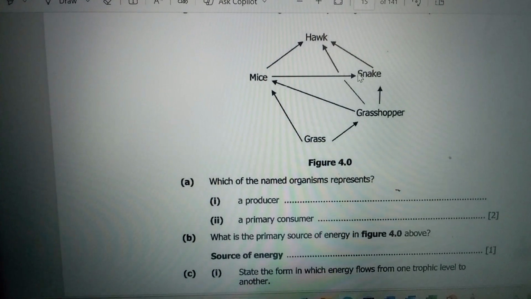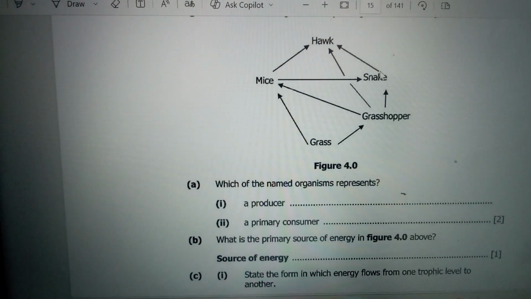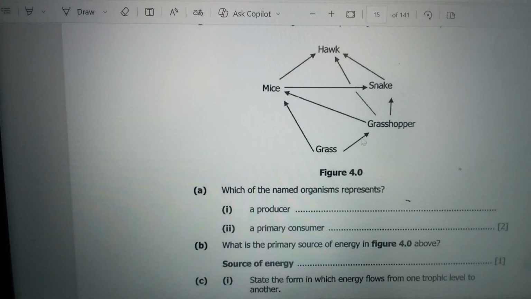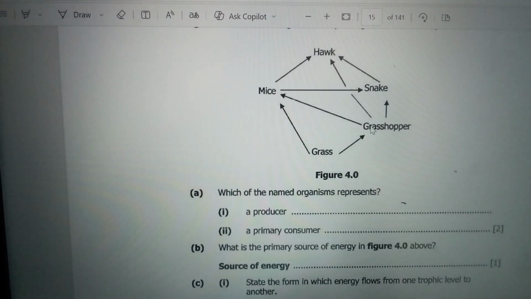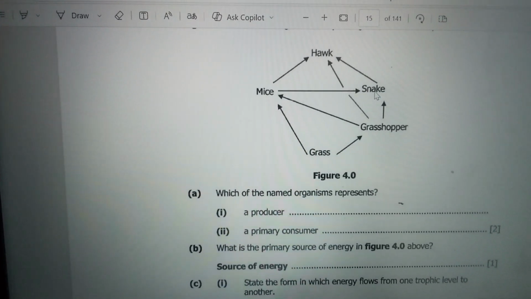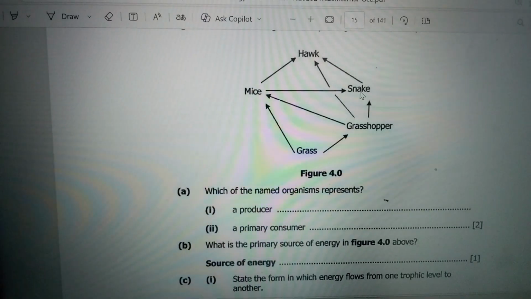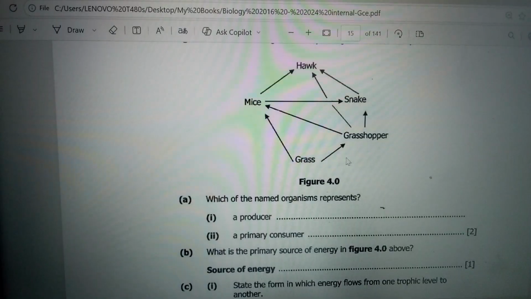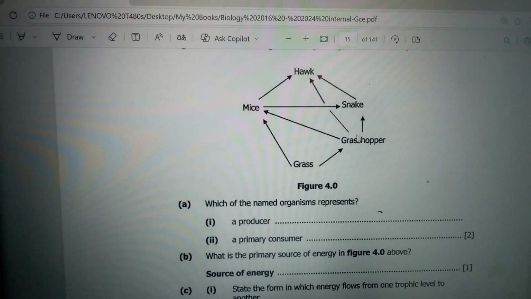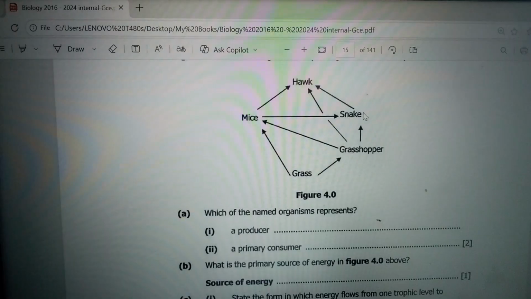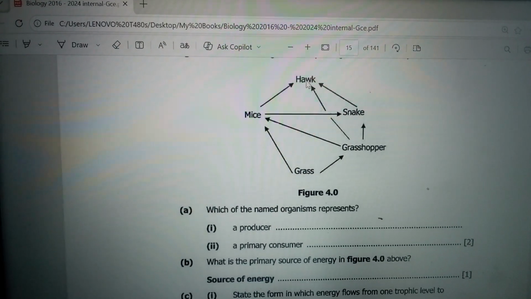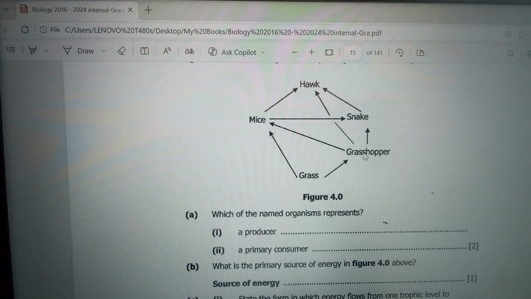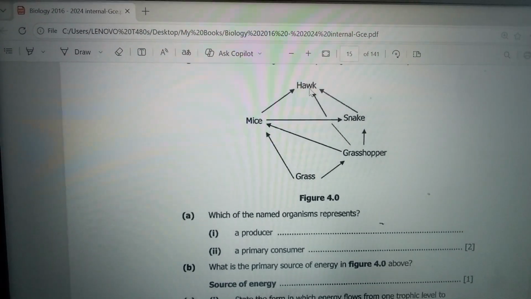So we have one which is the snake. If you start from here also, grasshopper, which is the primary consumer, that one will be the secondary. So snake qualified to be one of the organisms. Now again we move. This is the primary consumer, secondary consumer, tertiary consumer. Again we move. This is the primary consumer, that one secondary consumer.